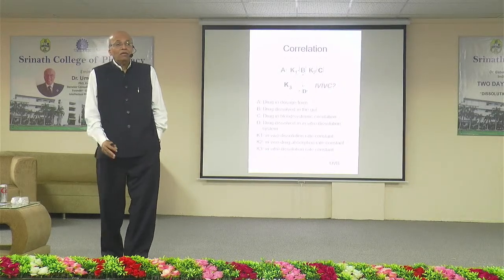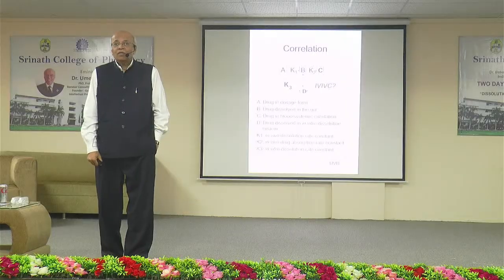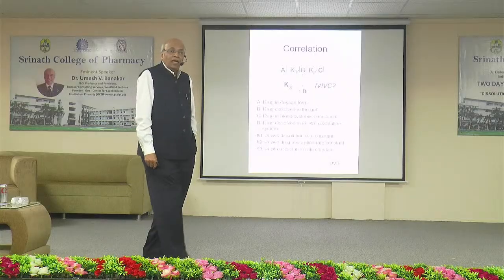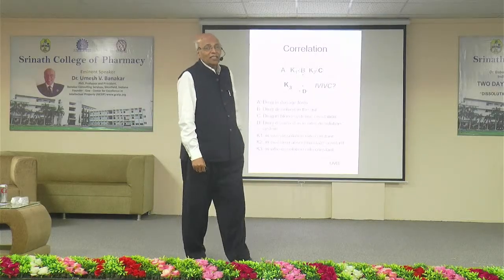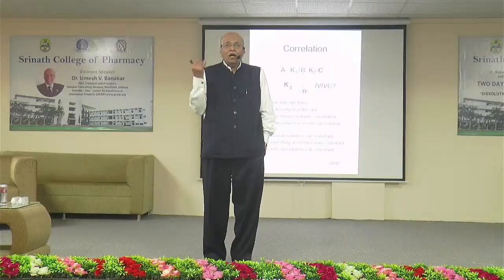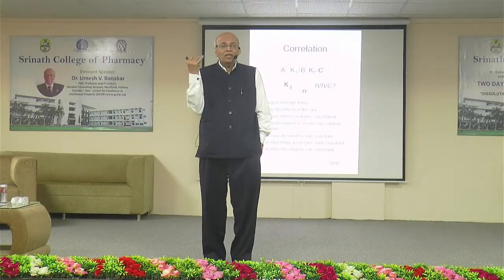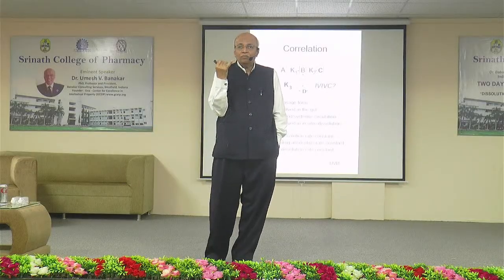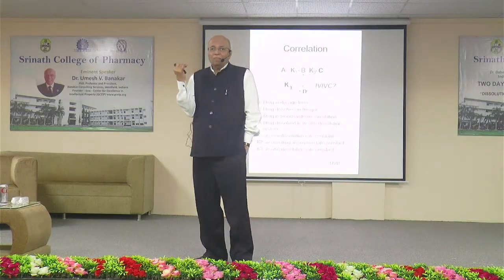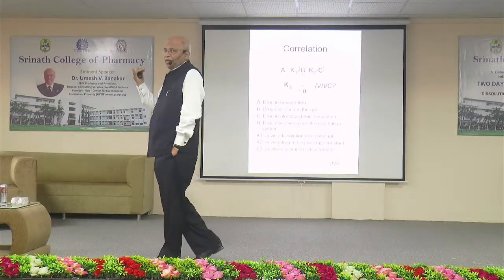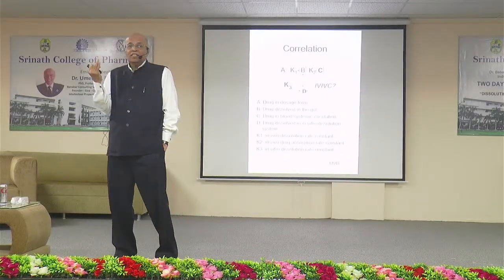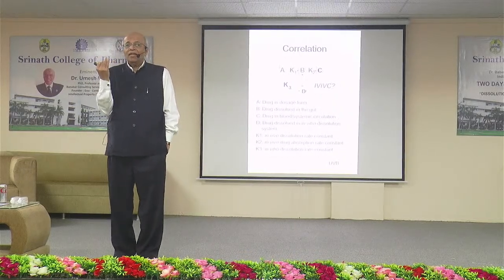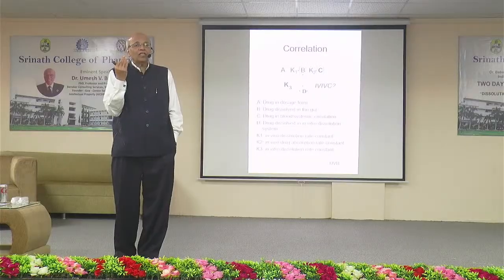They were interested in that because the only way you can designate a new chemical entity as an antacid is on 2 or 3 counts. Number 1, when it is administered orally, the gastric acidity has to come down, which means the pH of the gastric medium has to go up. Number 2, the pH has to go above 3 and maintain that for at least 60 to 90 minutes.